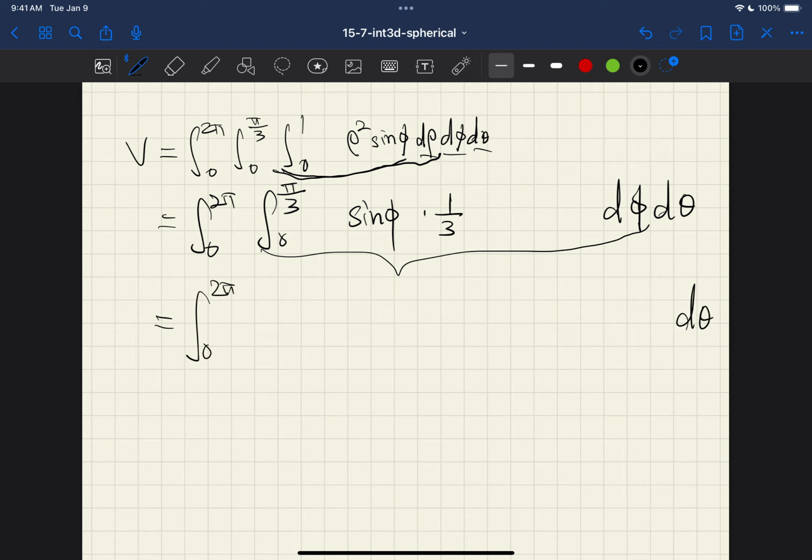Okay, and then we do the inner integral, which is the second layer. If you calculate, this is 1/3 times negative cosine phi, evaluated from 0 to pi over 3, right?